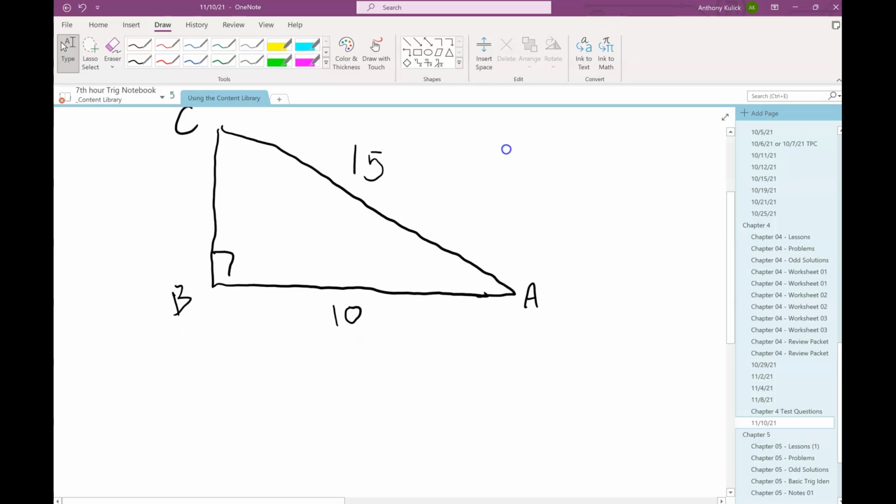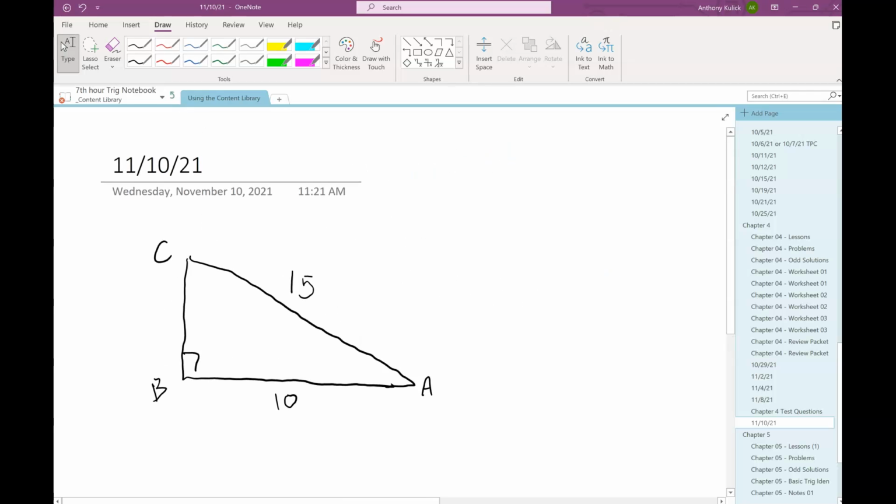Here's one. So the pieces that we're going to need are the side length for CB, angle BCA, and then angle BAC. Everybody's cool with that? Those are the three things that we're going to need to find for this problem.